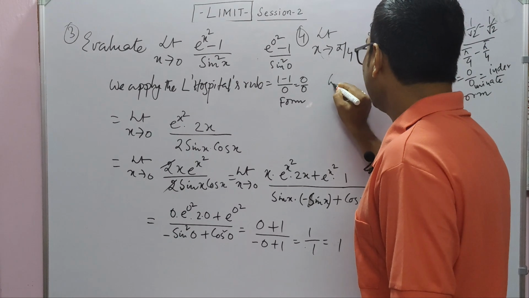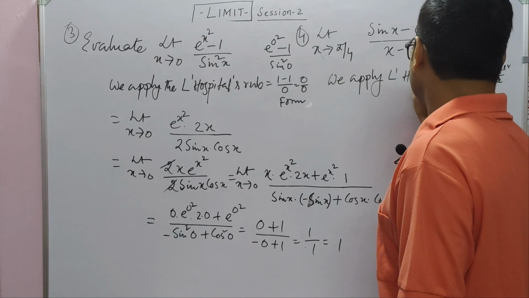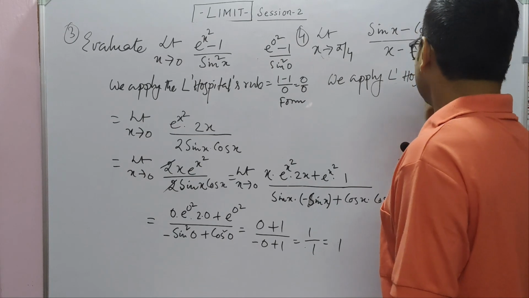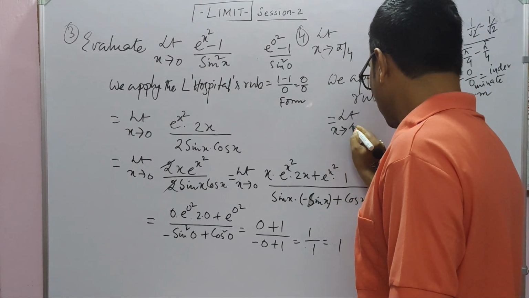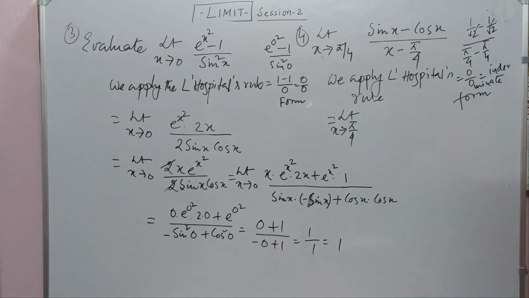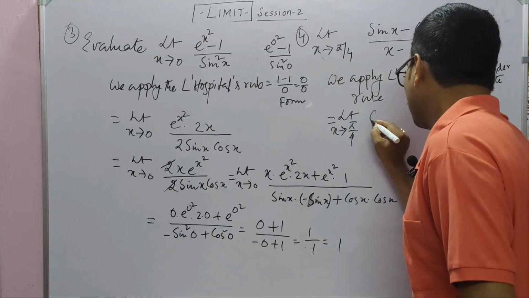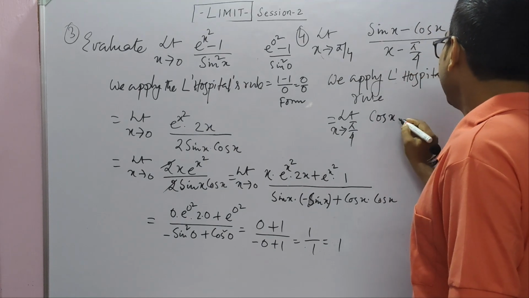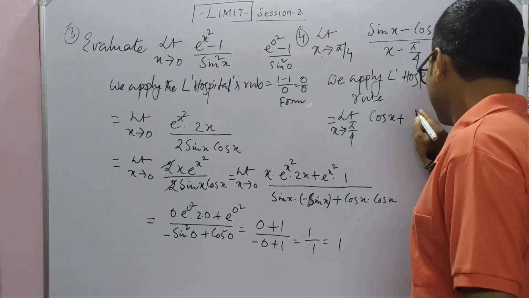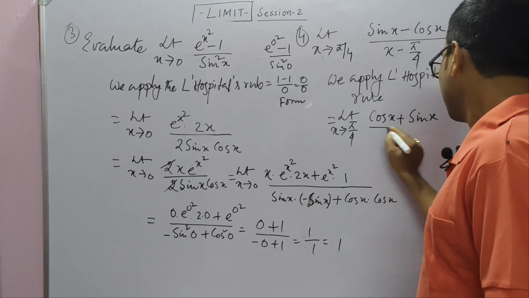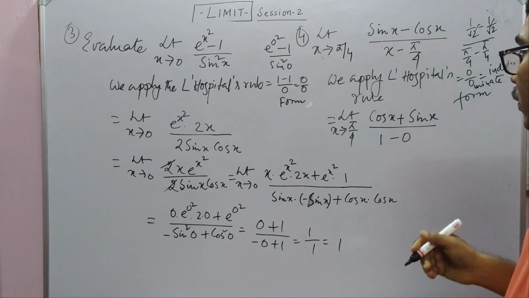We apply L'Hopital's rule: limit x tends to pi by 4, derivative of sin x is cos x, derivative of cos x is minus sin x, and minus of minus is plus sin x, by derivative of x which is 1; pi by 4 is a constant term, so its derivative is 0.